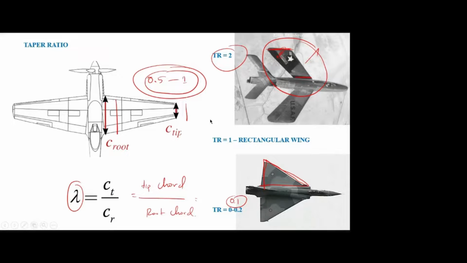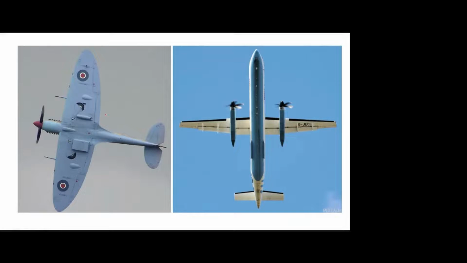And what is the use of this taper ratio? I'll explain here. This is the elliptical wing shape. Experimentally and theoretically they found this produces very minimum wingtip vortices and very minimum induced drag.